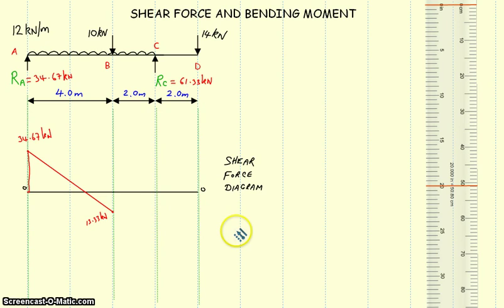So we're now 13.33 kilonewtons below the line at point B. At point B we've also got a vertical downward 10 kilonewton point load. So if we're 13.33 below the zero line and we're being pushed down a further 10, then that is going to bring us down to 23.33 kilonewtons below the line.